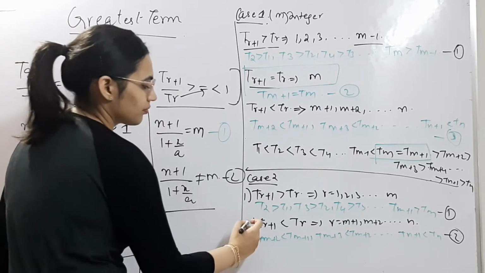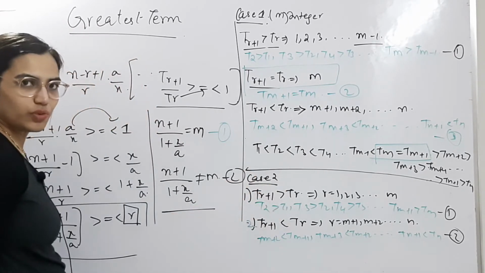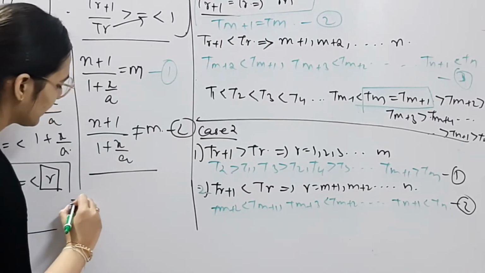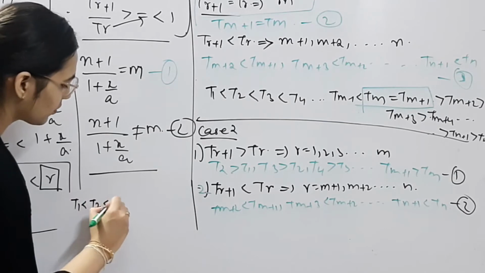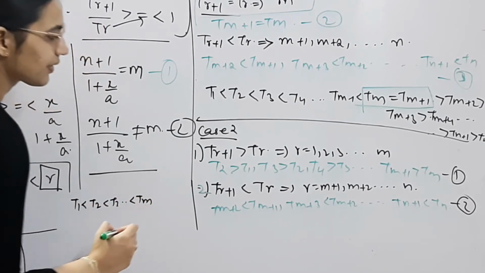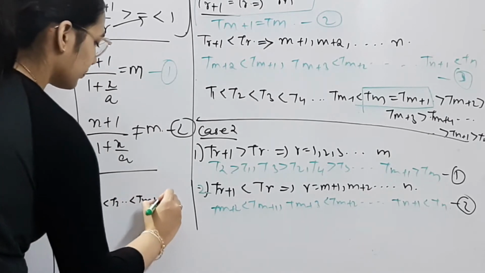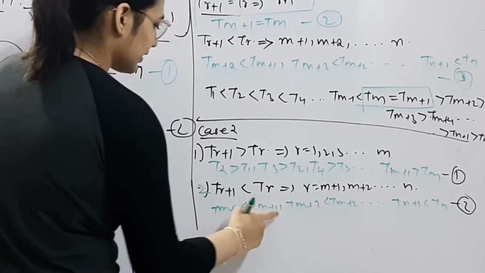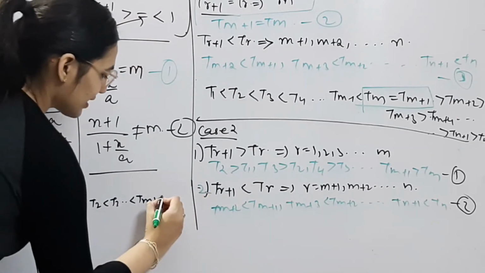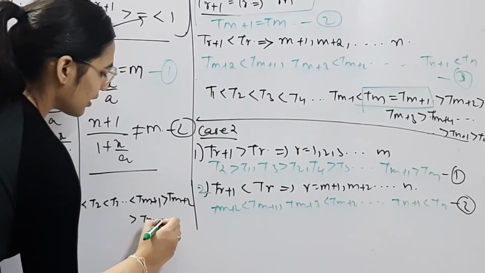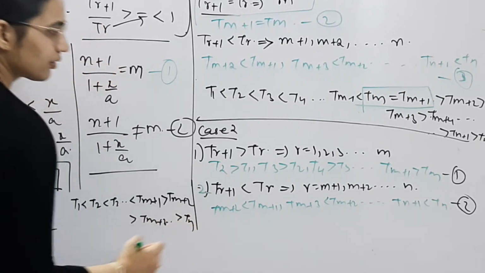If you combine these two equations, what do we get? We get T1 less than T2 less than T3 and so on up to Tm plus 1, right? And then here also Tm plus 1 is greater than Tm plus 2, greater than Tm plus 3 and so on, greater than Tn.